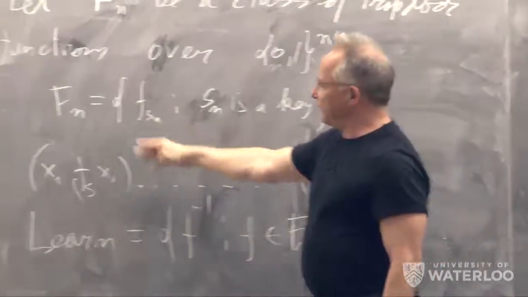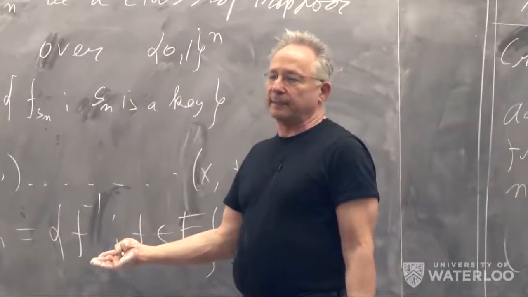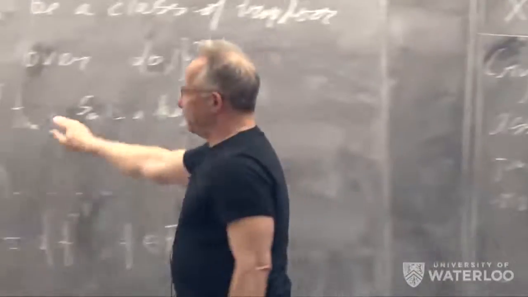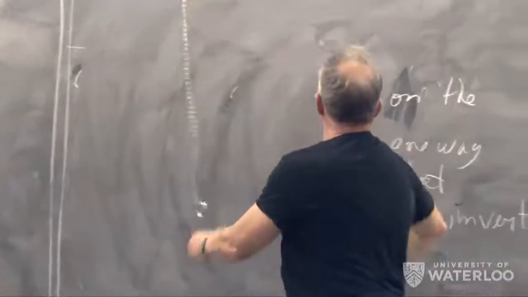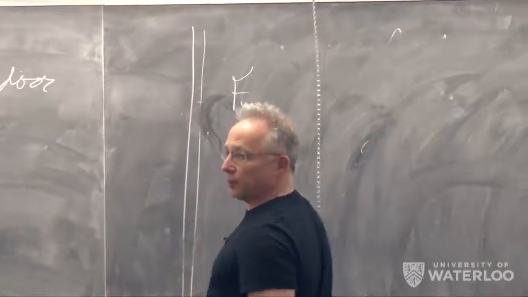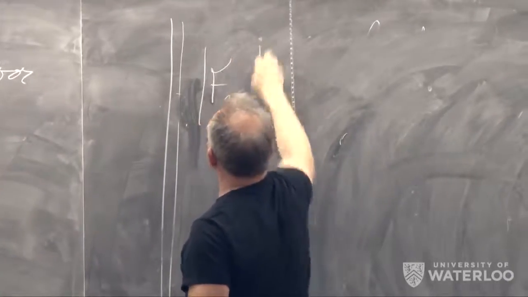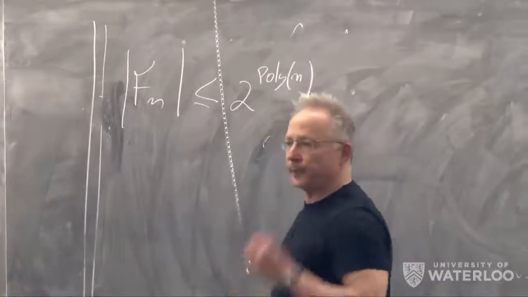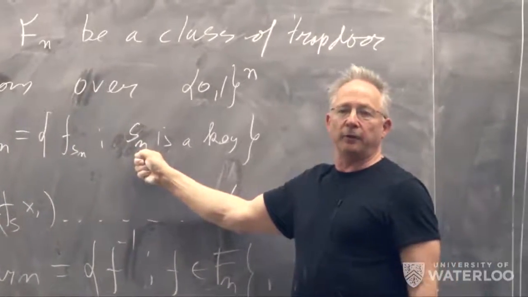And what is the VC dimension of this class? So the VC dimension of this class, we can estimate it just from the cardinality of the class. The cardinality of the class, we know that since s_n is polynomial, the secret key is always polynomial in n. So we know that the size of such f_n, if I have such a method for using trapdoors, is at most 2 to the poly(n), because every key is a binary vector of polynomial size.